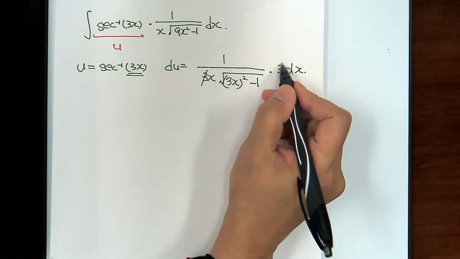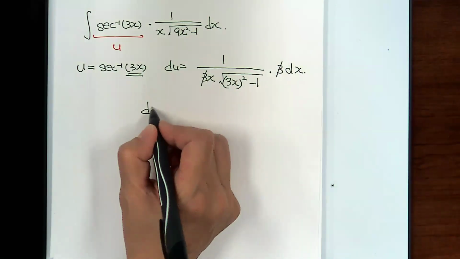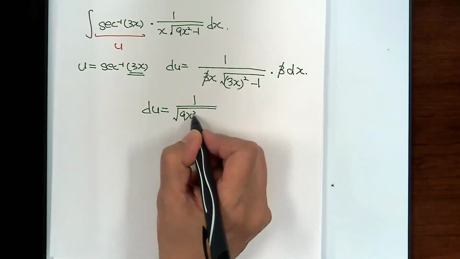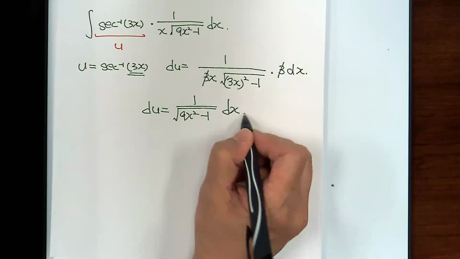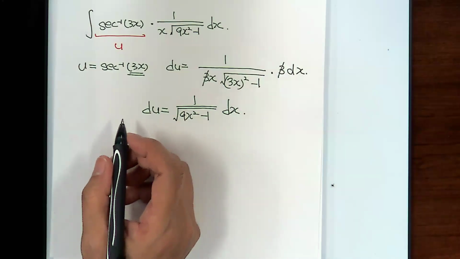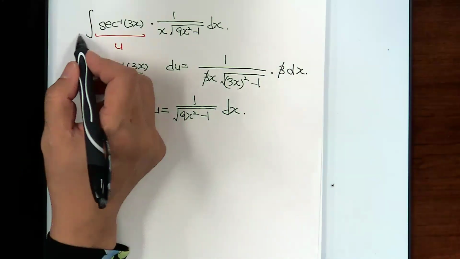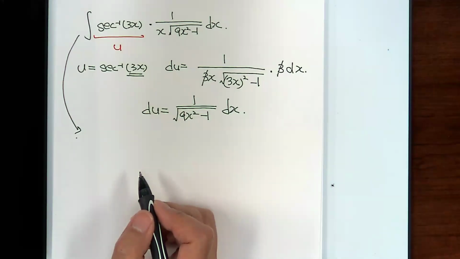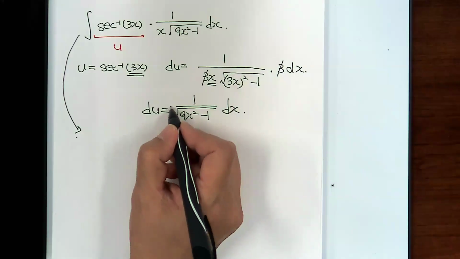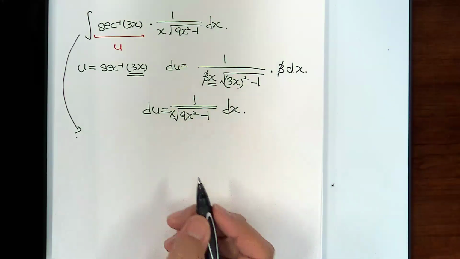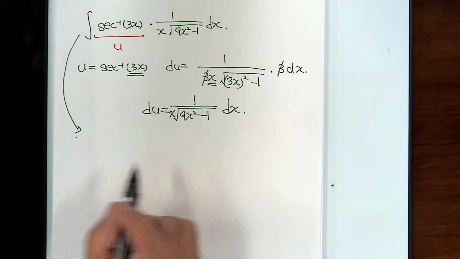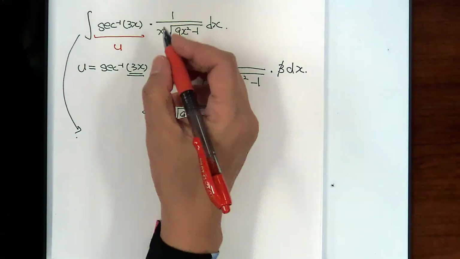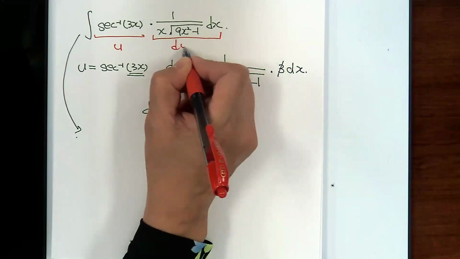So these two will cancel each other. And then we have du equals 1 over square root of 9x squared minus 1 dx. Yeah, I dropped x here. So the denominator contains x. So everything cancels each other, and then we have du here.